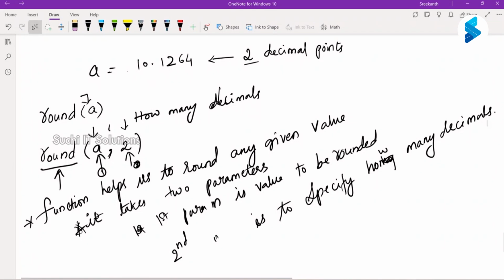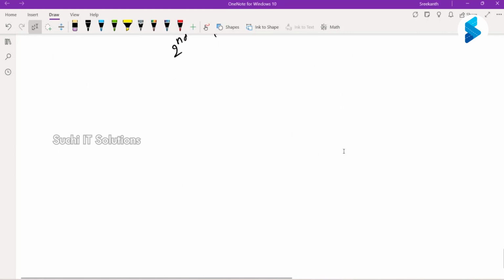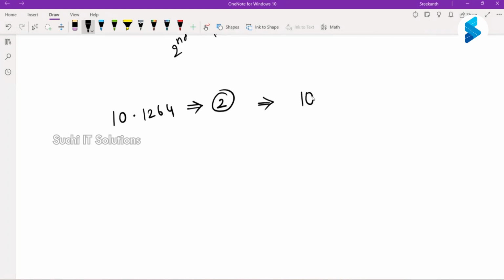Let me show one example here. If I round 10.1264 to 2 decimal points, the output would be 10.13. Why are we rounding it to 10.13? The number after 2 is greater than 5, sir.